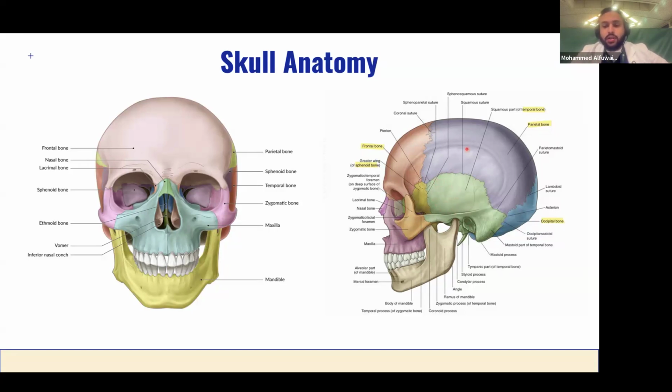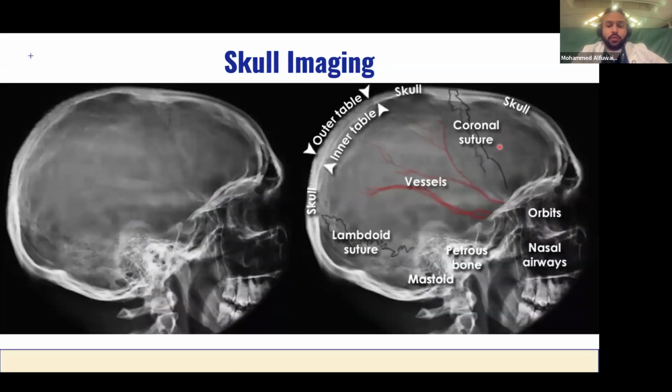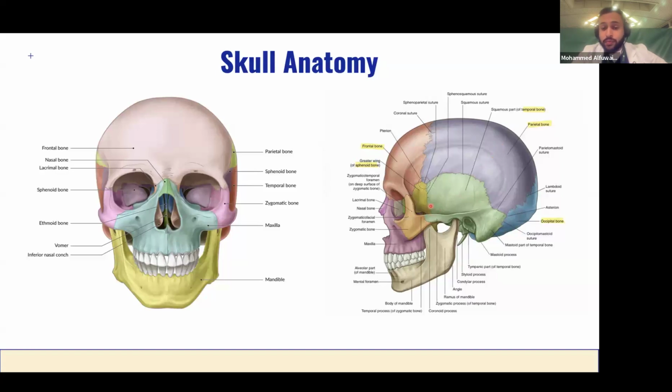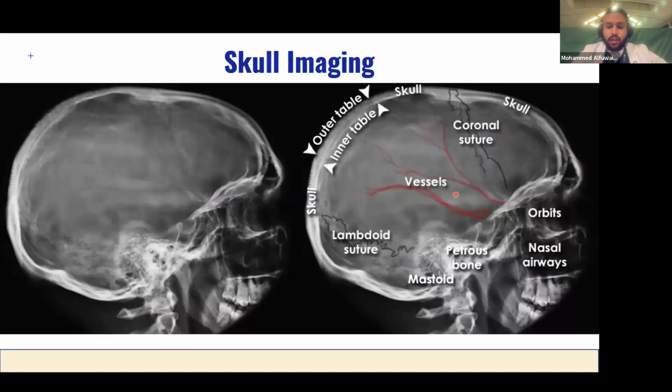And as you can see, you have the squamous part of it, the mastoid part, then the zygomatic part of it. Then you have one which is very important, which is inside a bit, which is the petrous part of the temporal bone. What's important about the petrous part of the temporal bone is it has a specific canal, which has two nerves in it, and we'll get to it inshallah in a bit.